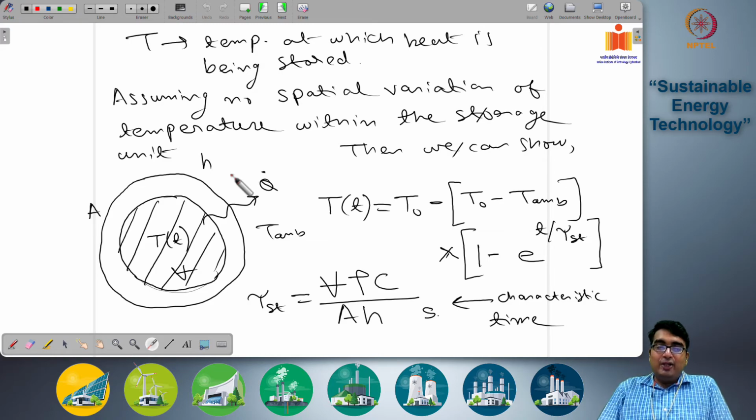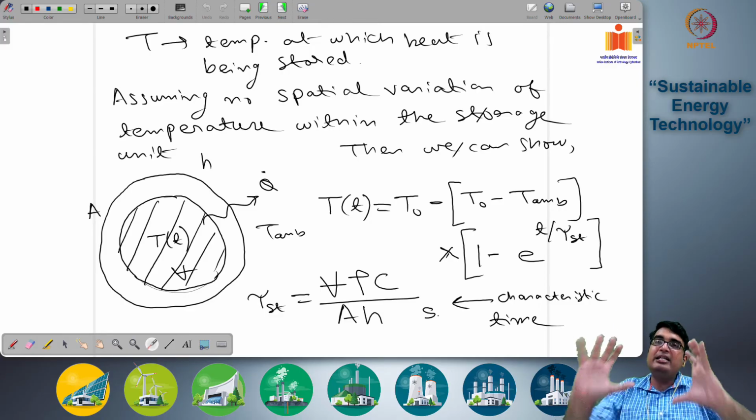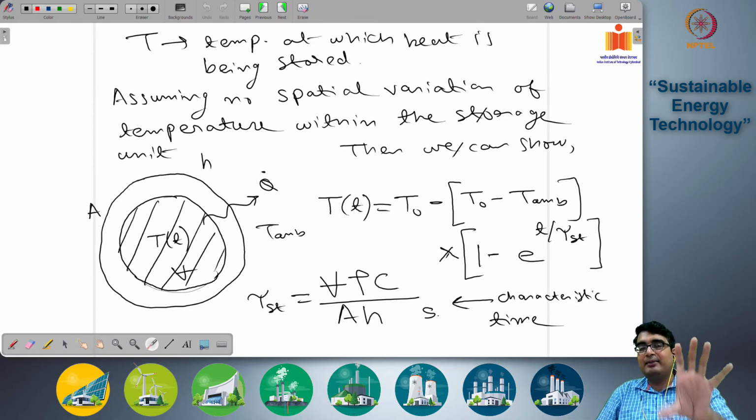Then we can show that the temperature of this medium at any given time is the initial temperature of the medium T0 minus the initial temperature gradient T0 minus T ambient. T0 is the temperature at the beginning of the storage process. So T0 is when you have charged your high density material and heated it up, and then you are leaving it on. At the moment you are stopping the charging process, that initial temperature is T0.